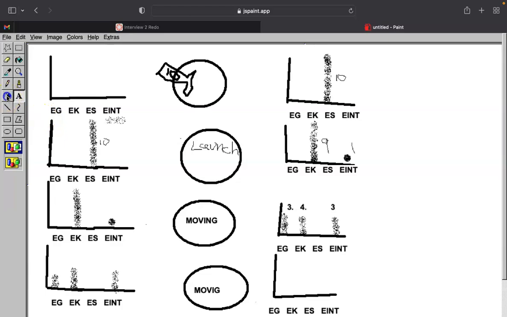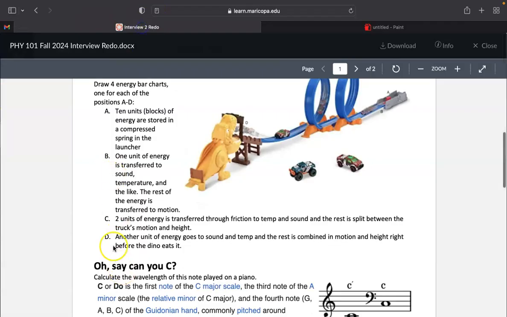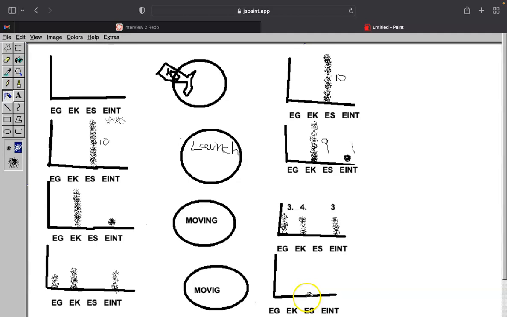And then we're going to look at this, and D says another unit of energy goes into sound and temperature, and the rest is converted to motion and height right before the dino eats it. Okay, so that means, forgot the N here, whoops.